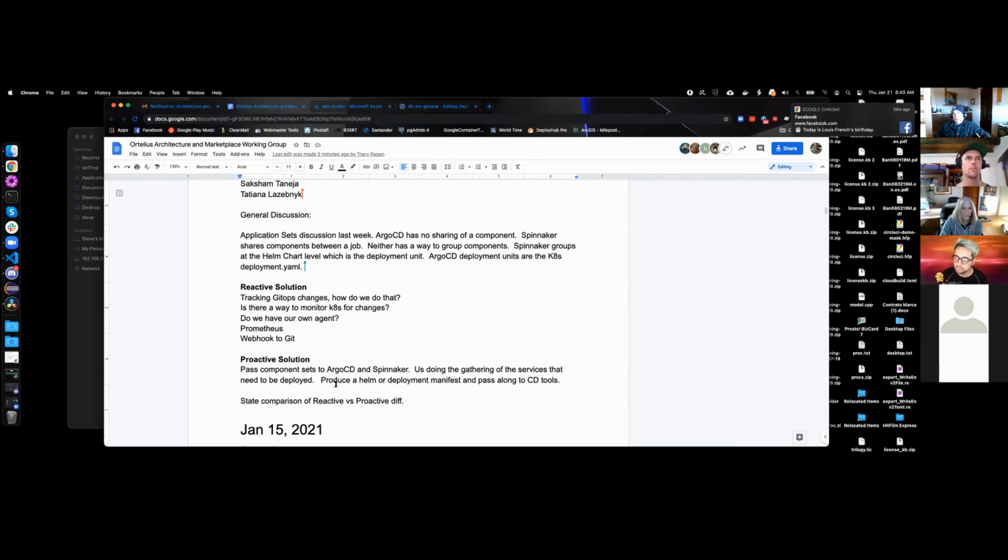What Tracy's talking about is a proactive view: instead of waiting for a developer to make messy changes to the deployment manifest, we take the information in Ortelius and generate the deployment manifest for them, for that logical view of the application, and apply that to Git. So we'd be pre-checking into the Git repo the update that's going to occur to the cluster. Does that make sense now?